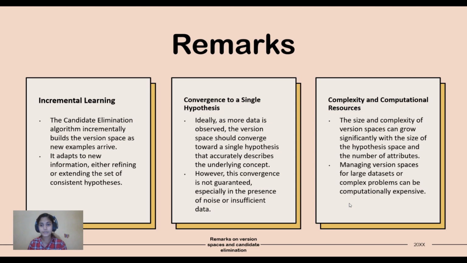Now let's go to the next one, complexity and computational resources. The size and complexity of version space can grow significantly with the size of the hypothesis space and the number of attributes. Managing version space for large datasets or complex problems can be computationally expensive.